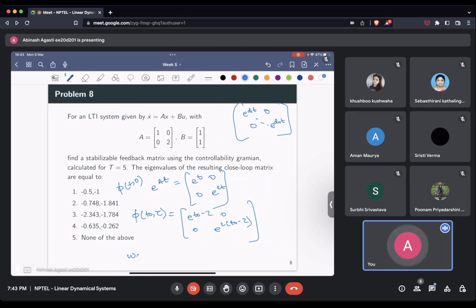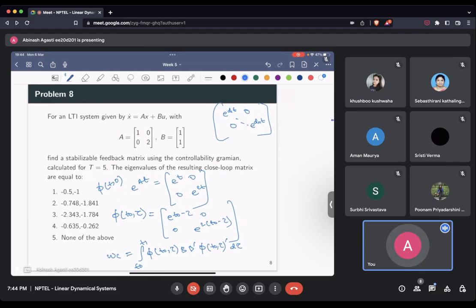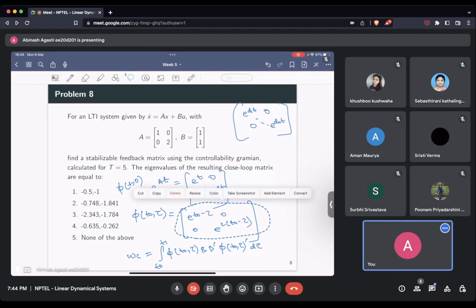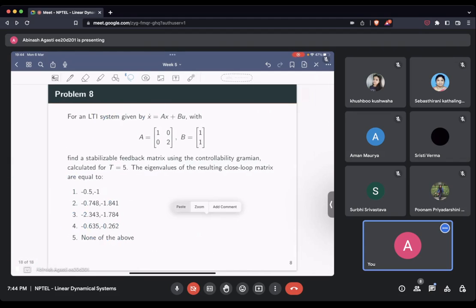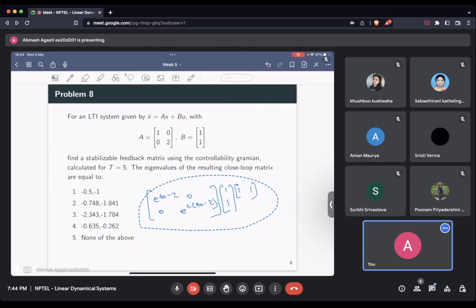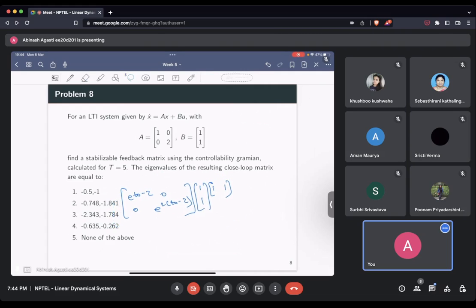Then the controllability Gramian is given by the integral from t naught to t1 of phi of t naught comma tau, B, B transpose, phi transpose d tau.